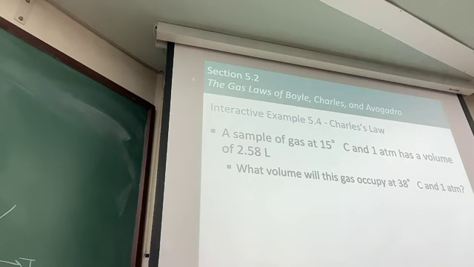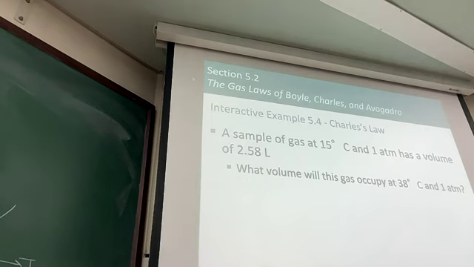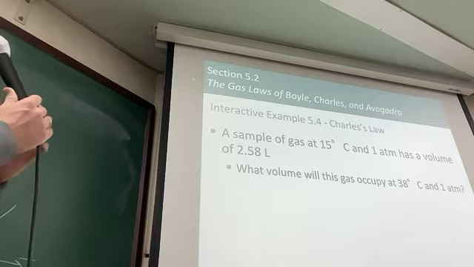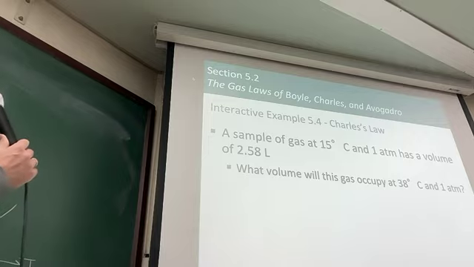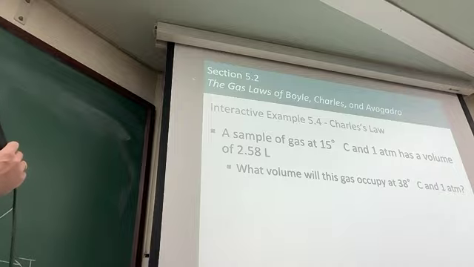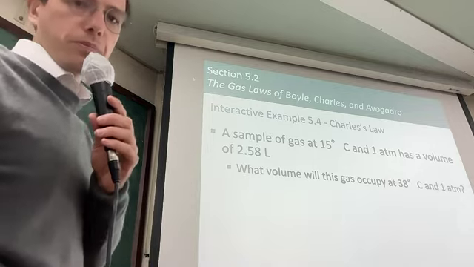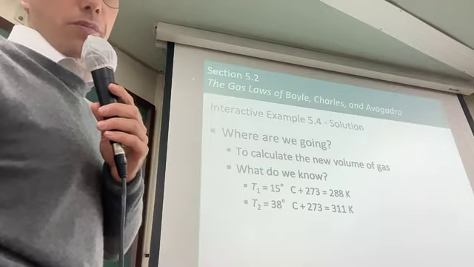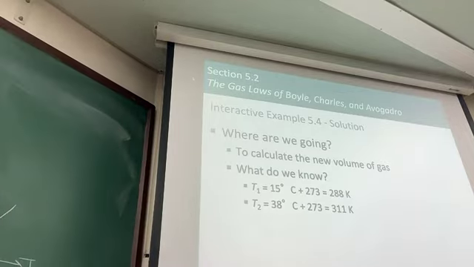Okay, and now we do one more example for this as well. So we have a sample of a gas at 15 degrees and 1 atmosphere, given volume, and we should determine the volume at 38 degrees Celsius and 1 atmosphere. So we have to write down all these equations.